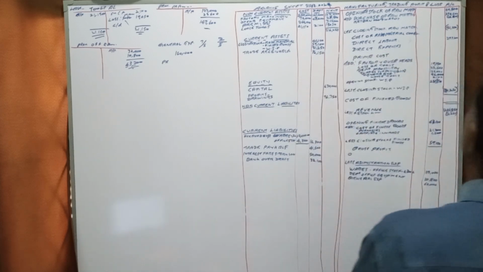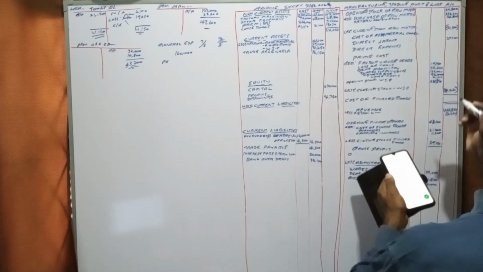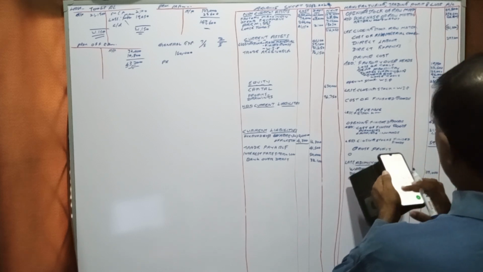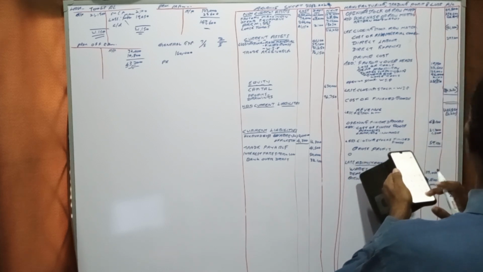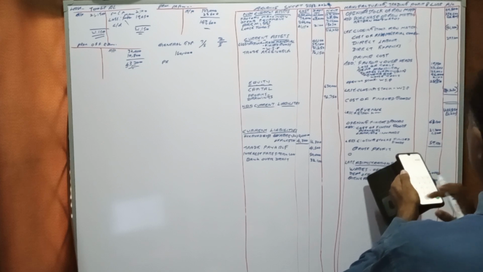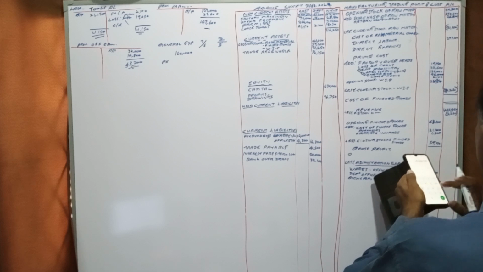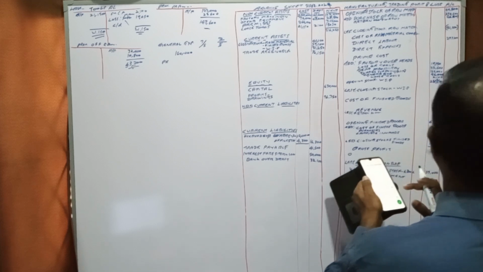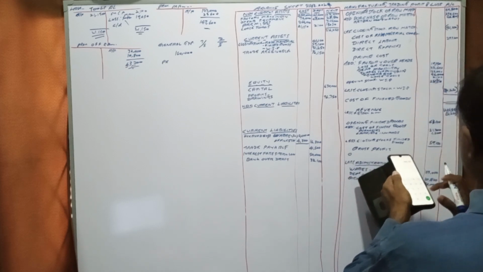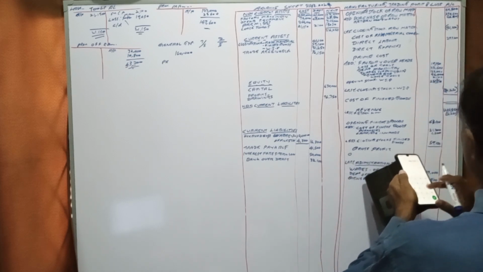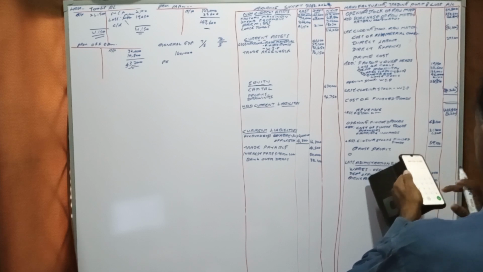Here we can do our balancing part. Opening stocks 49,500 plus purchases 294,600, right? Returns 16,400.